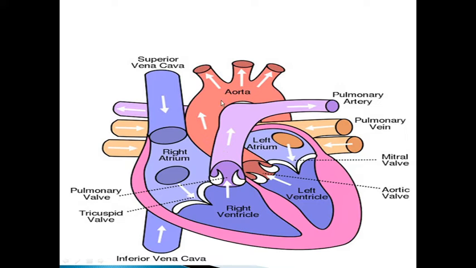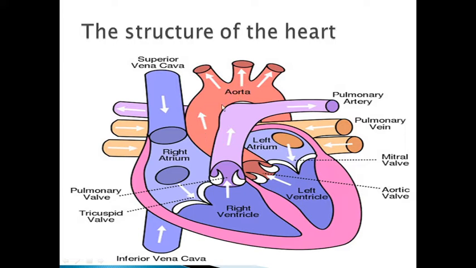Of course, the aorta carries the oxygenated blood and the vena cava carries deoxygenated blood. Normally arteries carry oxygenated blood, except for the pulmonary artery, which carries deoxygenated blood, and also the veins carry deoxygenated blood, except the pulmonary vein, which carries oxygenated blood.